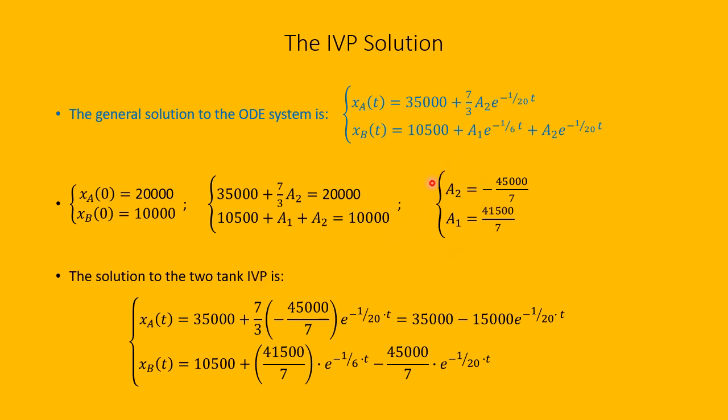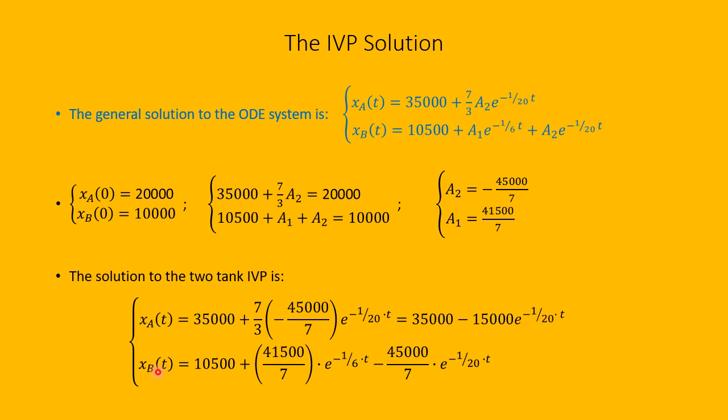Substitute a1 and a2 into these two equations up here, and what we finally get is x sub A and x sub B equal to this stuff just by substitution. Then doing a little bit of arithmetic simplification, we get that x sub A of t is 35,000 minus 15,000 e raised to the minus 1/20th t.